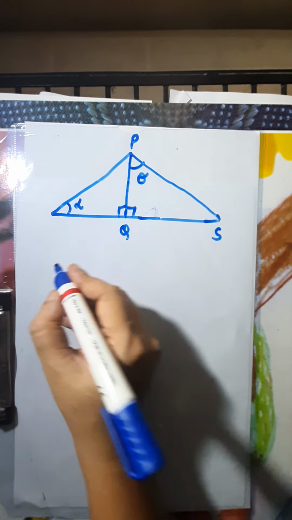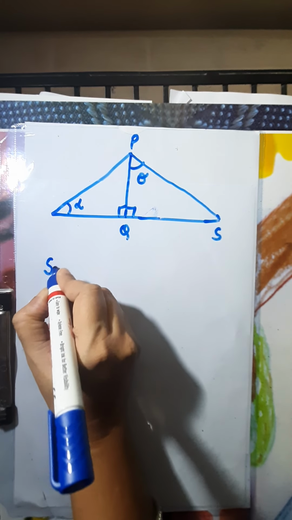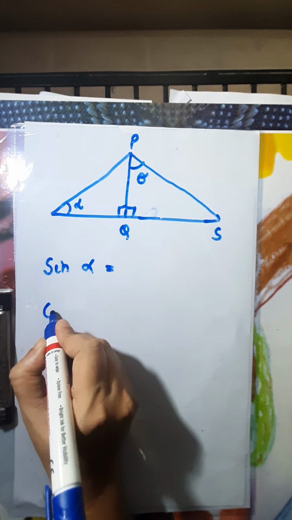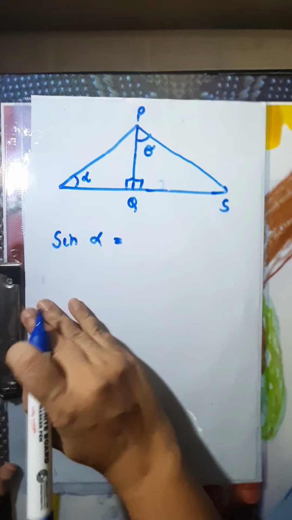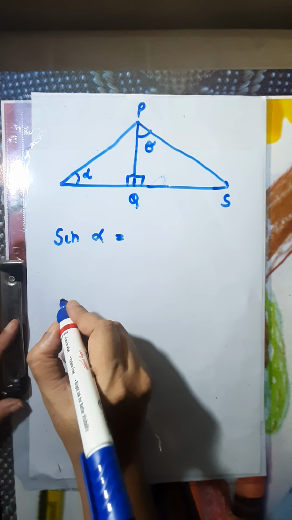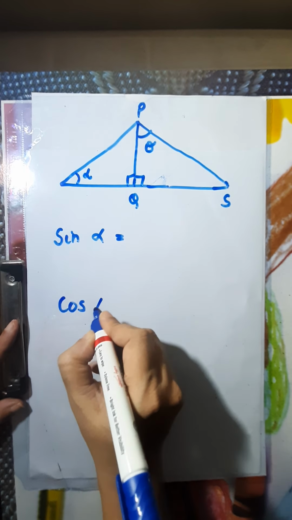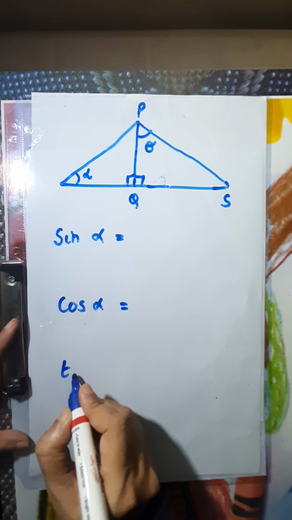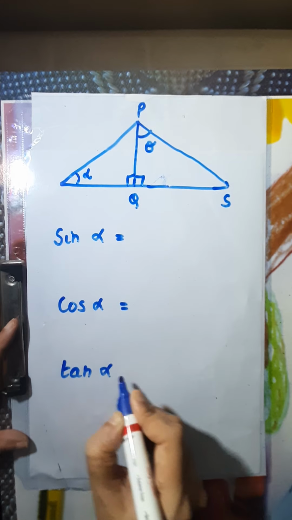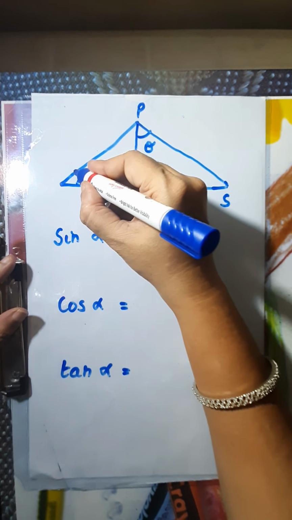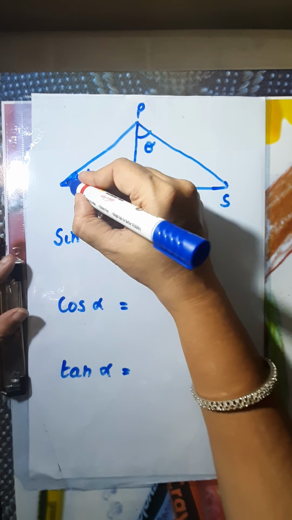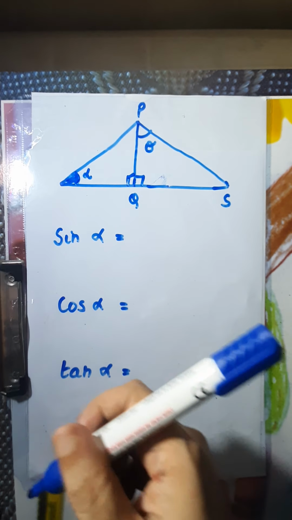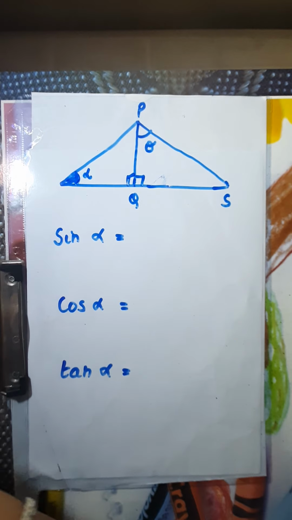Now, they are asking you to find sine alpha, cos alpha and tan alpha. Now, in which triangle is alpha? Alpha is in this triangle. So, for this triangle, which is the hypotenuse?